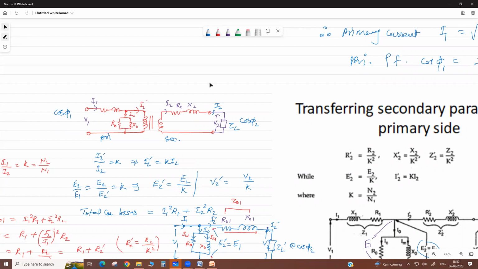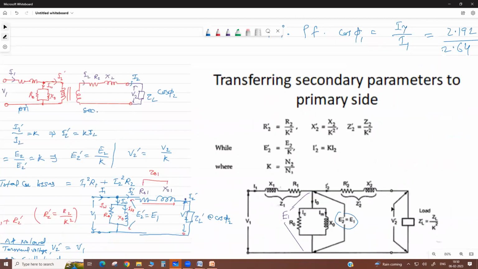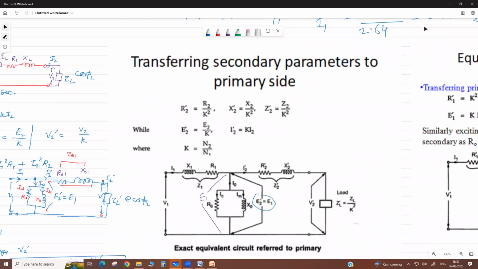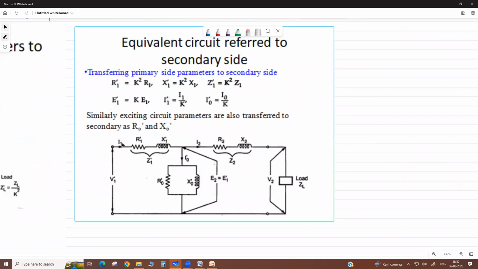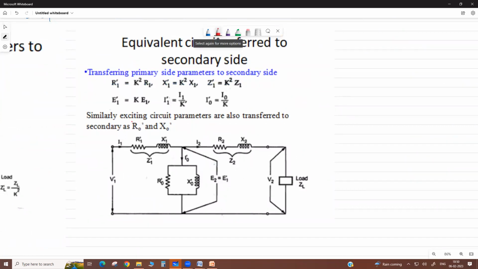Now, as referred to the secondary side, you have to transfer this. See, this is I1 dash. This is V1 dash. R1 dash, X1 dash, Z1 dash. We can write R0 dash, X0 dash, I0 dash. So this is I1 dash here.